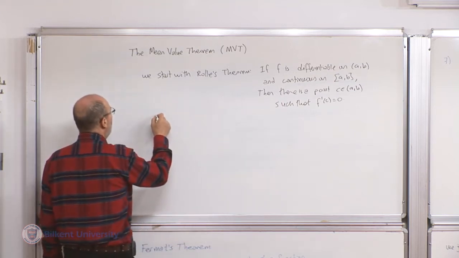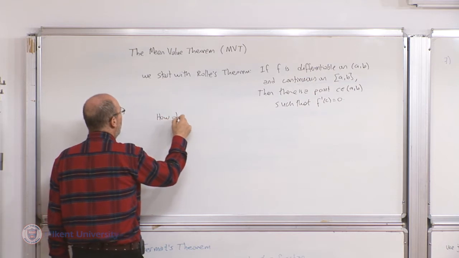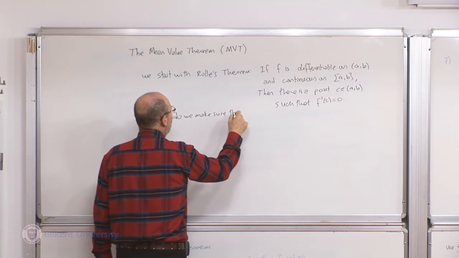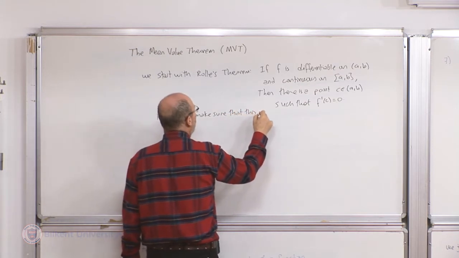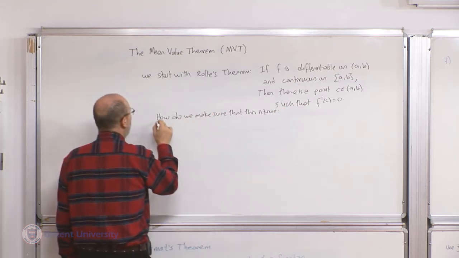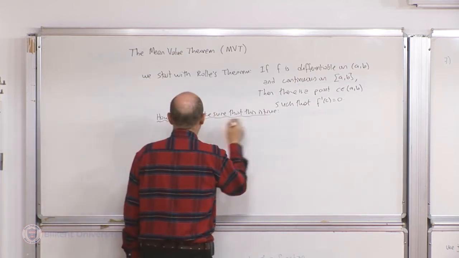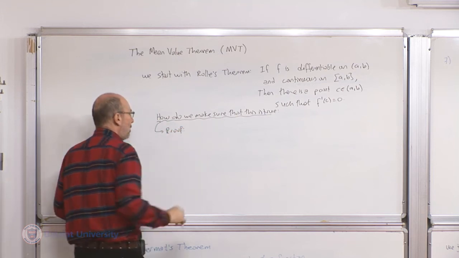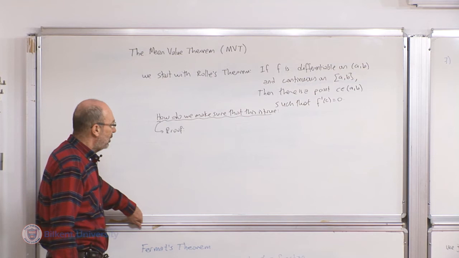So how do we prove this? How do we make sure that this is true? Instead of this whole thing, we write "proof", so that's why we shorten it.